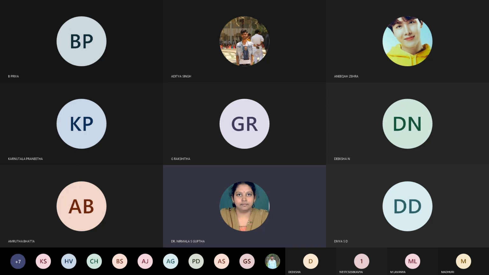Now we have to complete the task for all the other parameters. So those are temperature. All of you, can you take the book? Can you take the book? I'm asking you, please take a book and pen. Reply to me.